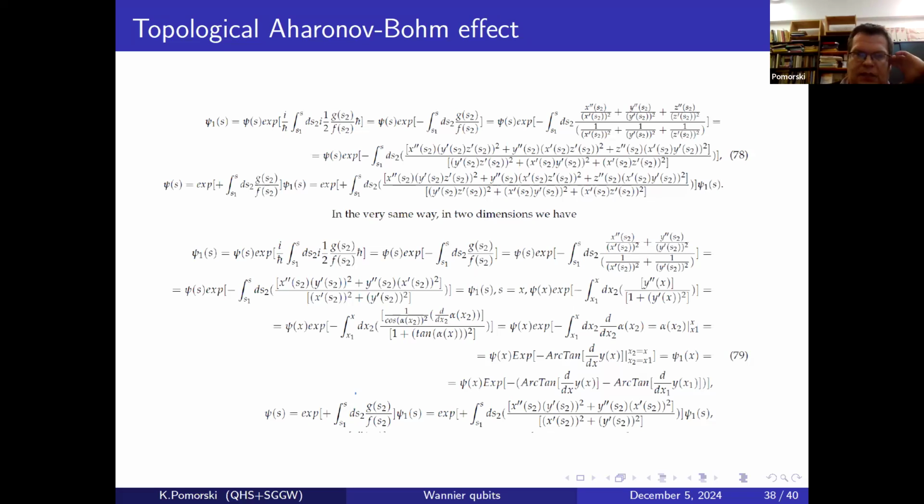Well, I know it's a bit technical, so I'm not going to run into too many details. So here, formula 78 describes the three-dimensional case, and 79 describes the two-dimensional case.